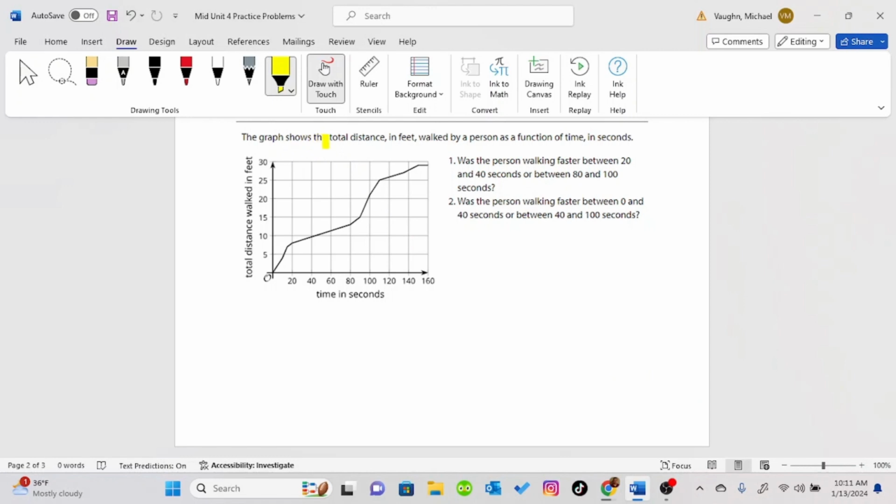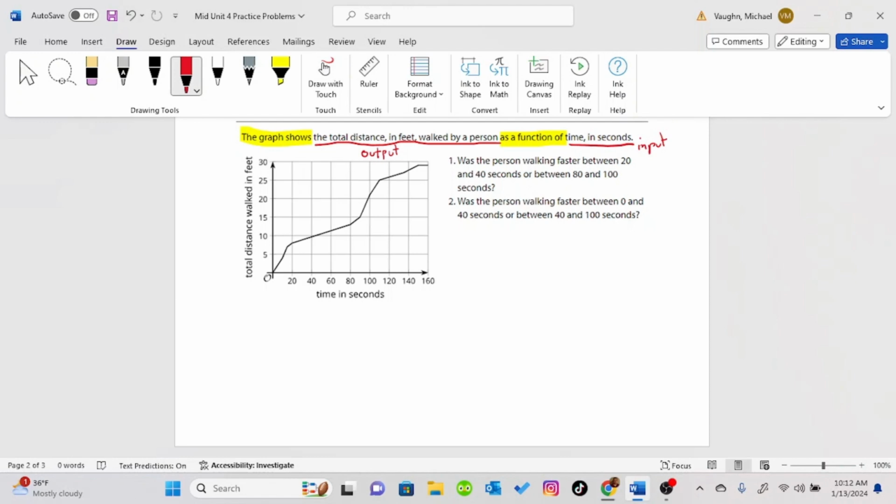So the graph shows the total distance in feet walked by a person as our output, as a function of time in seconds, which is the input.